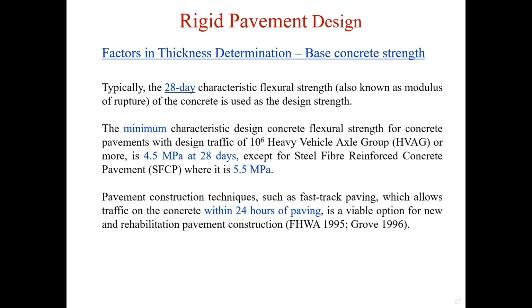Also, we have the requirement that the minimum characteristic design concrete flexural strength with design traffic of 10 to the power of 6 HVAG or more is 4.5 megapascal at 28 days. And for steel fiber reinforced concrete pavement, it is 5.5 megapascal.